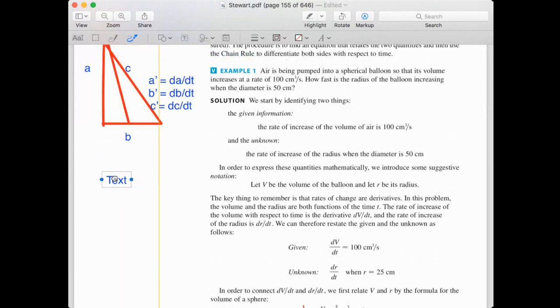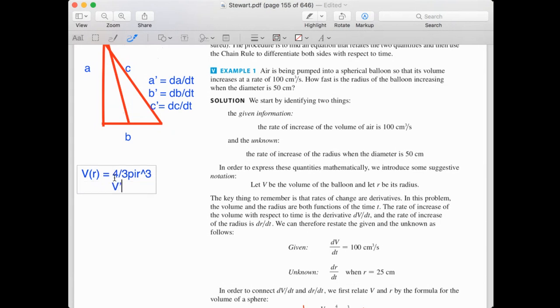Because V is a function of r, we don't have more than two variables yet. It's a function. It's easy to deal with. Let's use our old method. So V of r equals 4 over 3 pi r cubed. And we know exactly how to take the derivative of this.